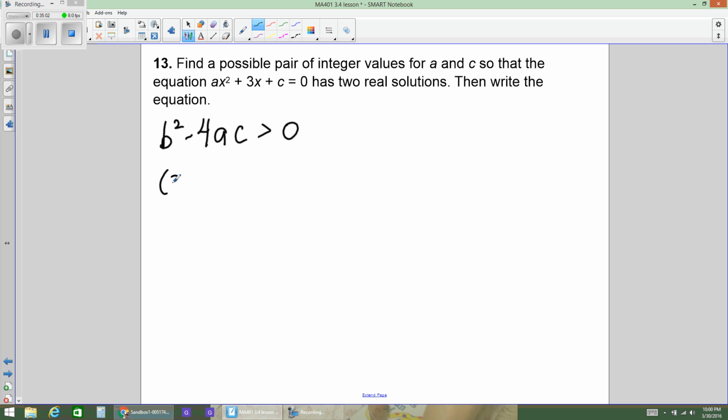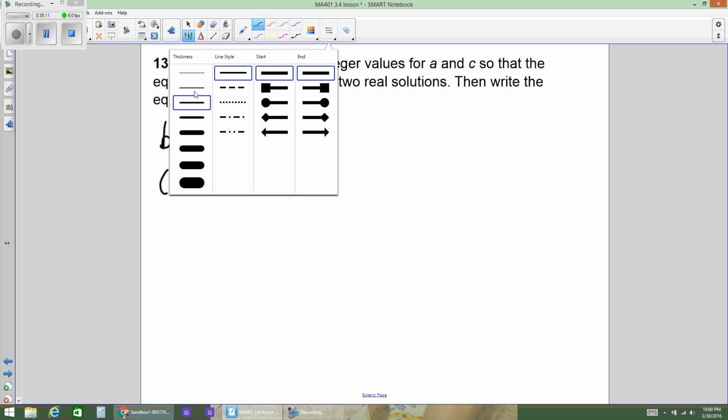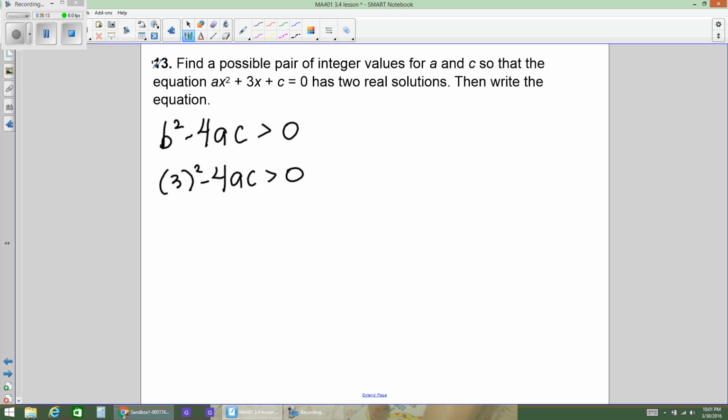So the b value is 3. I plug it in. So that's 9 minus 4ac is greater than 0. So I want 9 to be greater than 4ac.